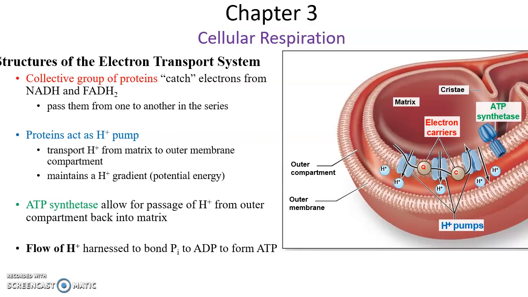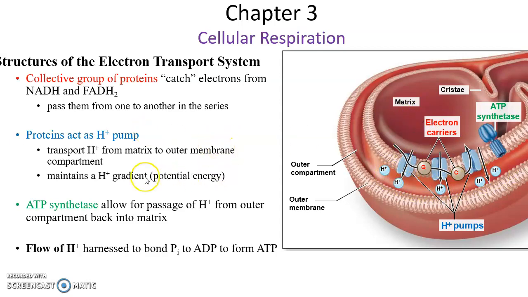Important structures for the electron transport system are all those proteins that catch electrons from the NADH and the FADH2. So NADH and FADH2 release their electrons to the electron carrier proteins. The proteins then act as a hydrogen ion pump, so that you end up with lots of hydrogen ions on the outside of the inner membrane, very few on the inside.